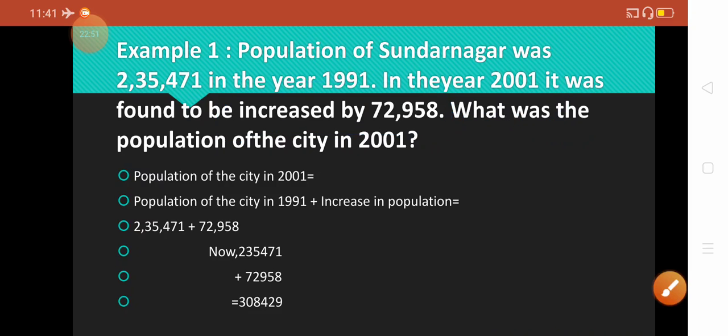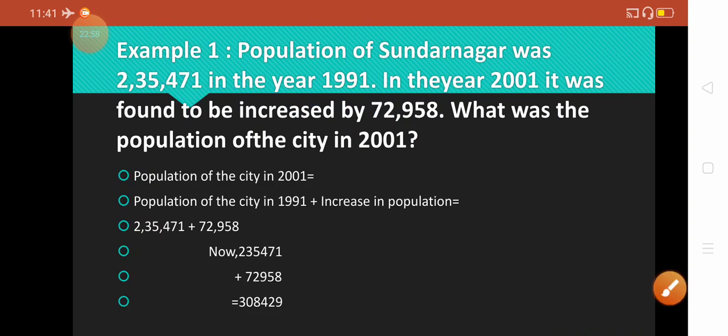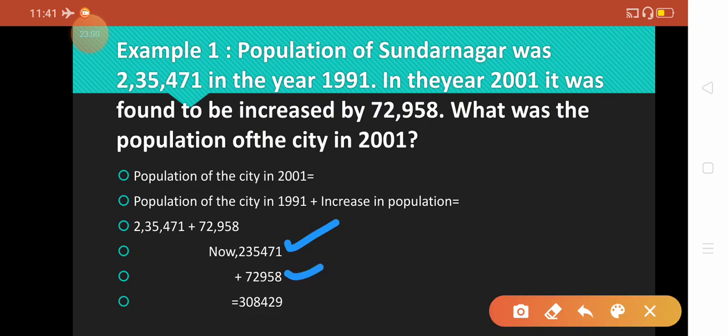So to find the total one, what do you have to do? You have to add both these values. So how will you do? You will add these two values and you will get the answer. The total population is 3 lakh 8,429.